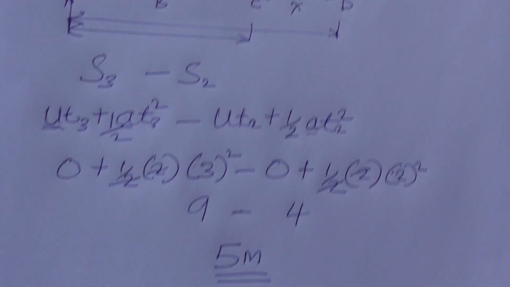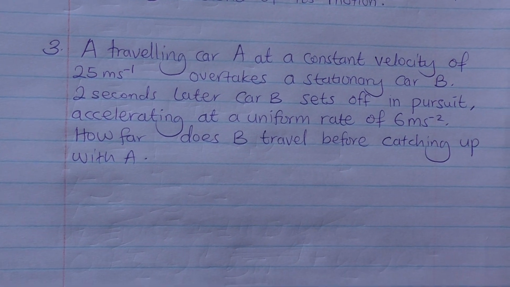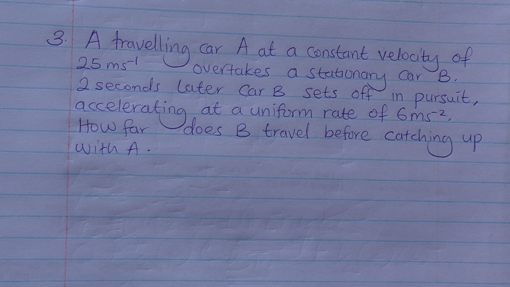We have another question, number 3. We are told that a car A traveling at a constant velocity of 25 meters per second overtakes a stationary car, car B. Then after 2 seconds, car B sets off in pursuit, accelerating at a uniform rate of 6 meters per second squared.